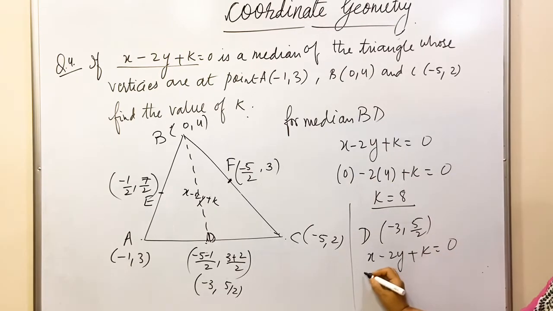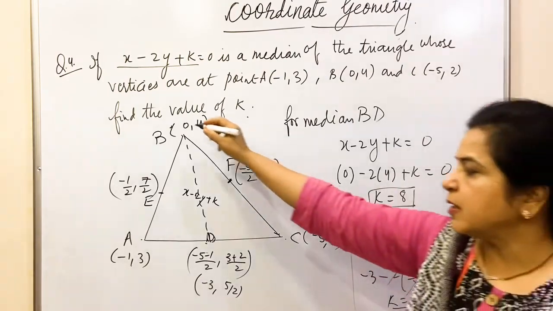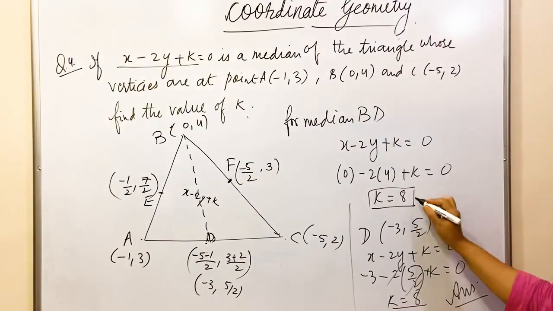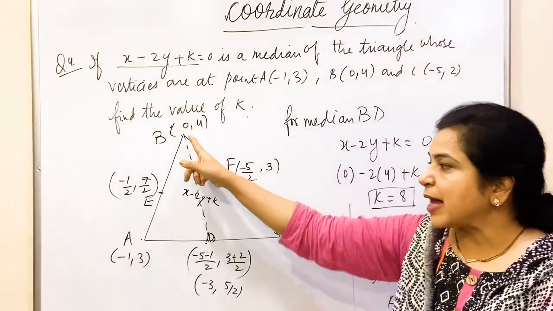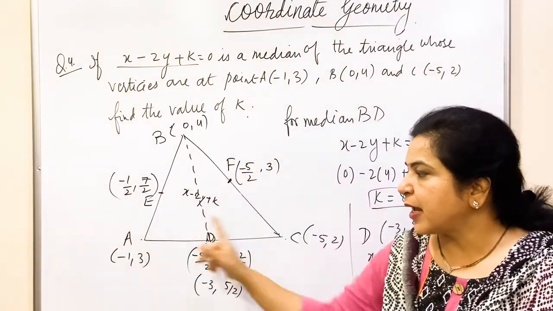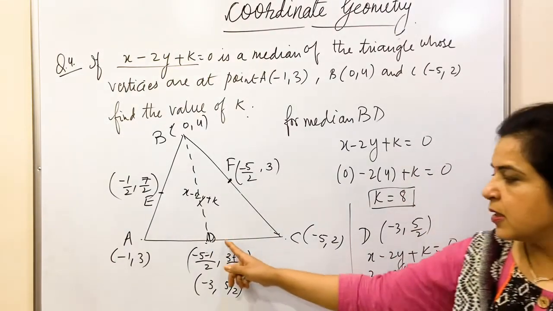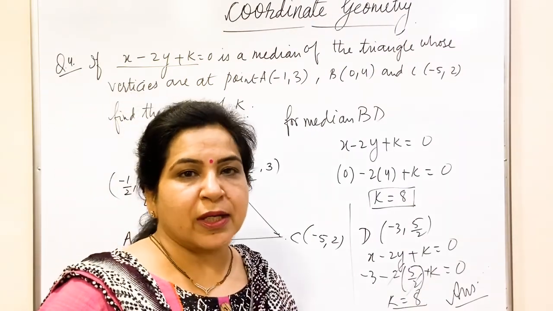So from this, we are getting the same value, 8. So this is median BD, for which the answer is 8. So this is the median of the triangle passing through vertex B and the midpoint of the opposite side AC, that is D. So I hope all the problems are clear to you now.